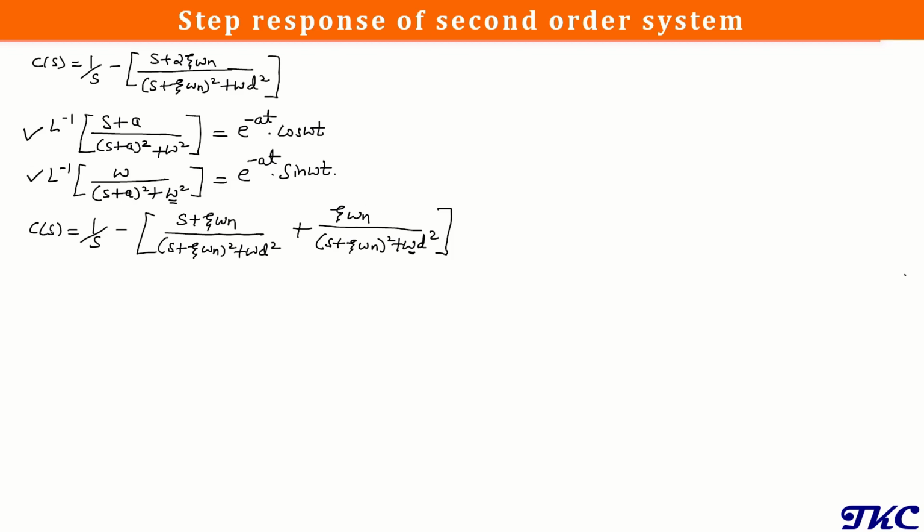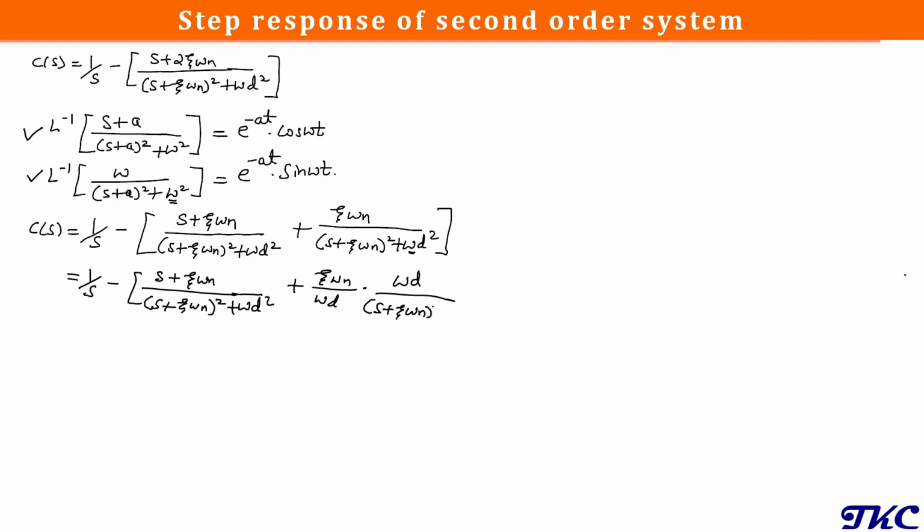So let's do that. It will be equal to 1 by s minus this term as it is, s plus zeta omega n divided by bracket s plus zeta omega n whole square plus omega d square, plus here we will have zeta omega n divided by omega d into omega d upon s plus zeta omega n the whole square plus omega d square.